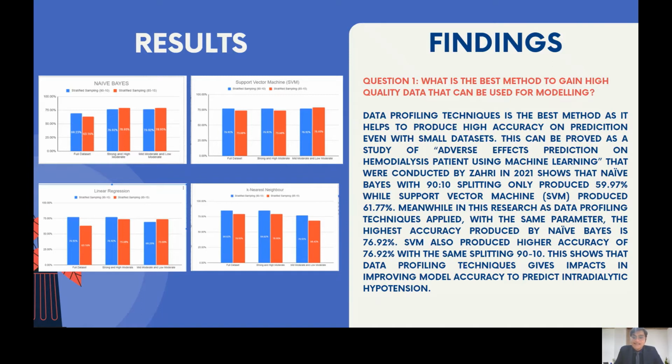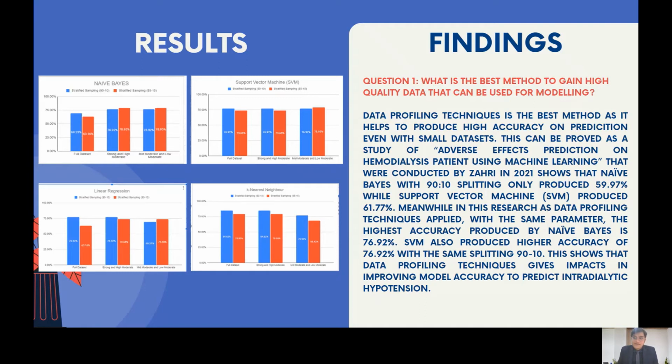This can be proved as a study of adverse effect predictions on hemodialysis patients using machine learning conducted by Zahari in 2021 shows that Naïve Bayes with 90/10 ratio only produced 59.97%, while support vector machine SVM produced 61.77%.